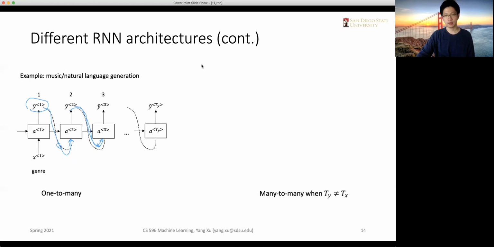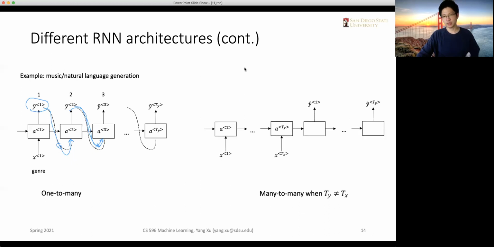Okay. And the other type is many-to-many, which is a very typical architecture for example for machine translation.